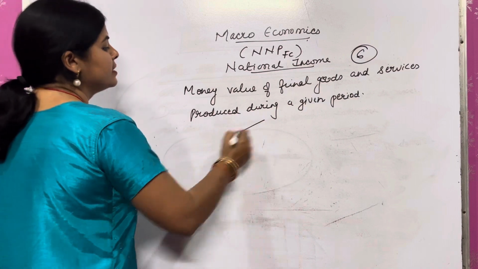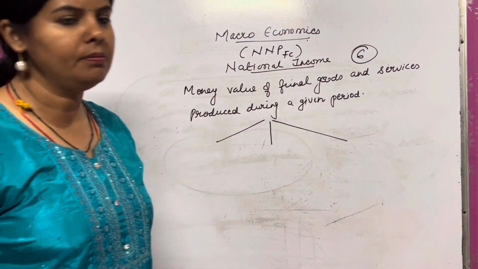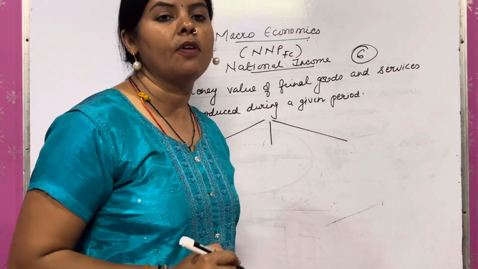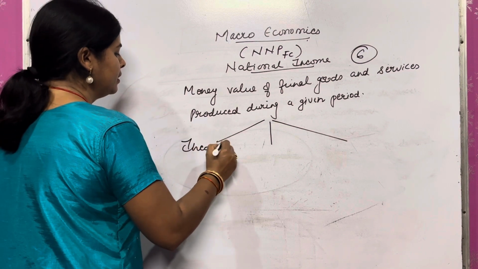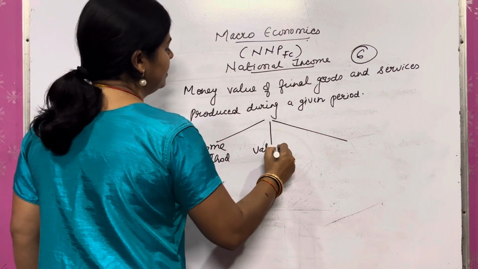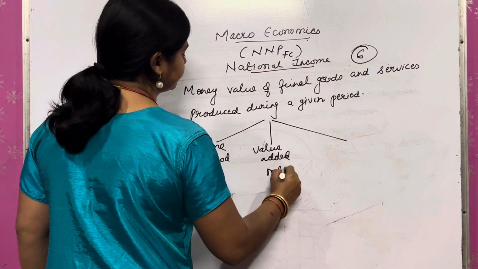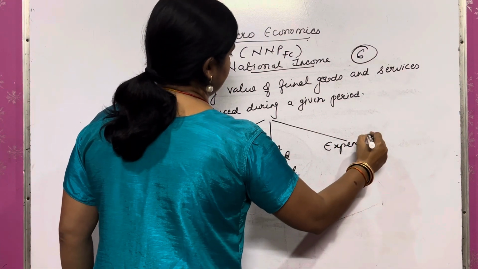There are various methods of calculating national income. In our syllabus, we have 3 methods. First is the income method, second is the value added method, and then we have the expenditure method.